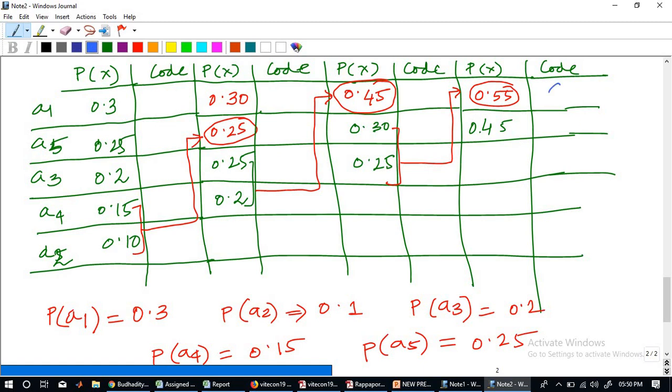First is naturally 0, 1. So give me the codes from top to bottom. 1. 0, 0, 0, 1. Okay. Next code. 0, 0, 0, 1.